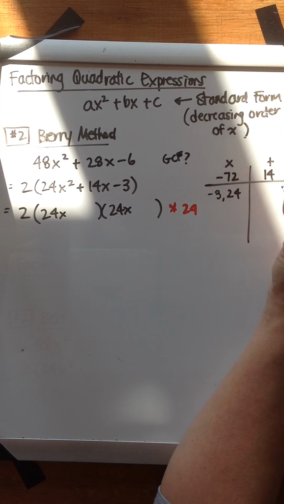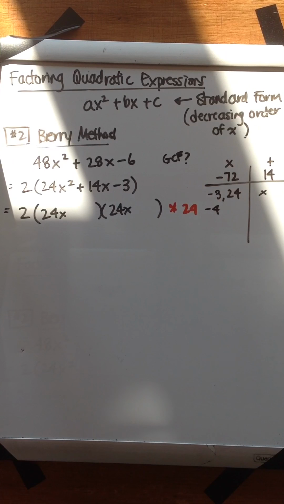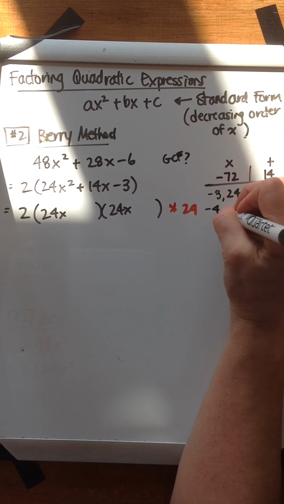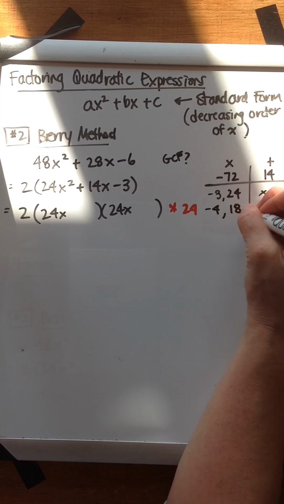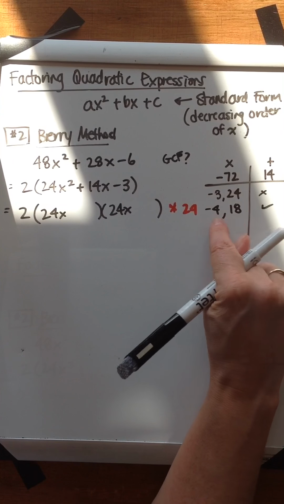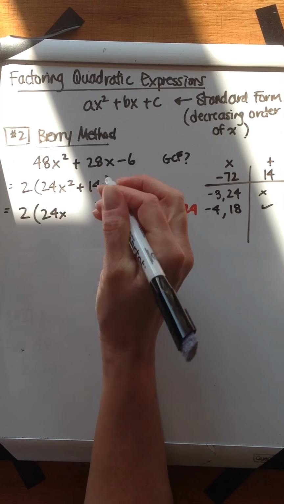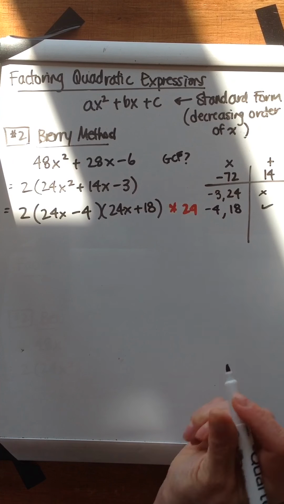But some quick mental math says that's not going to be equal to 14. Why don't we keep going up the ladder? Let's try negative 4. And you discover that 72 divided by negative 4 gives 18 as the other factor. Hey, add those together and we've got our 14. So now let's put both of these in here. It doesn't matter which one goes where.